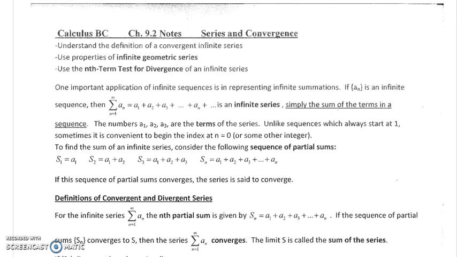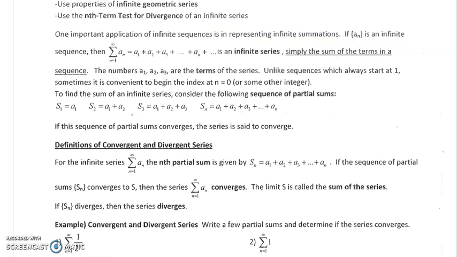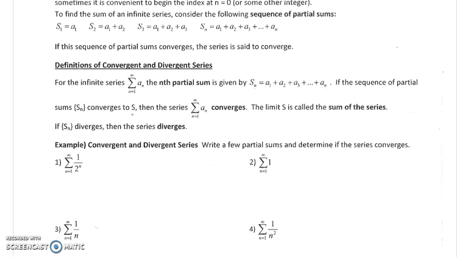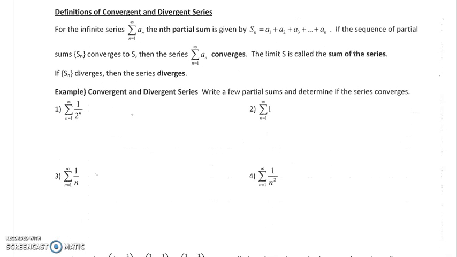So it's just a handy way of dealing with infinity. It's kind of like using limits to deal with your improper integrals. Instead of just, quote, plugging in infinity, you've got to use limits. This is kind of the same idea. All the stuff that I said is explained in those words right there. You can pause the video and read that if you need to. But we're going to take a look at a few examples.